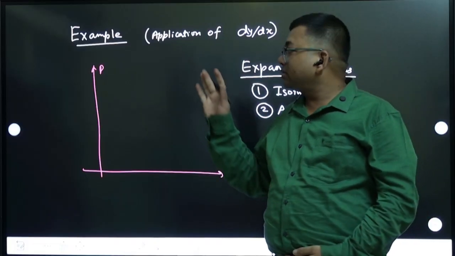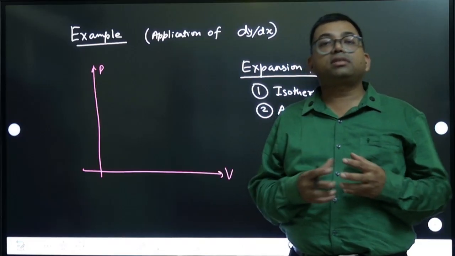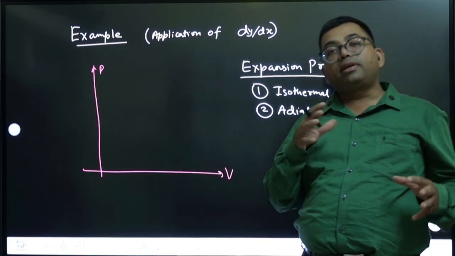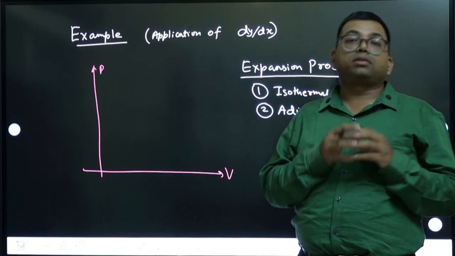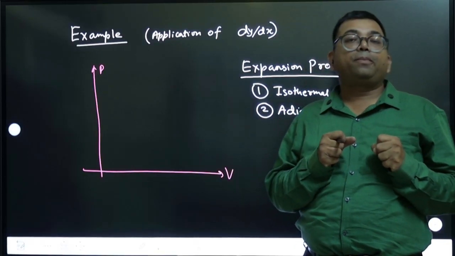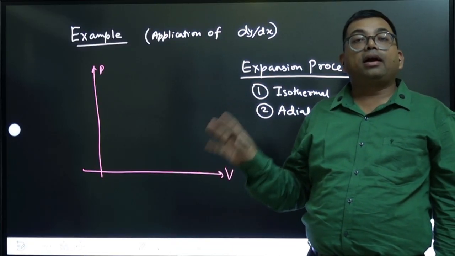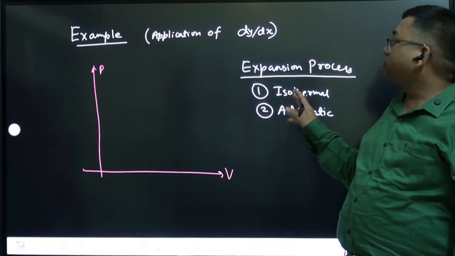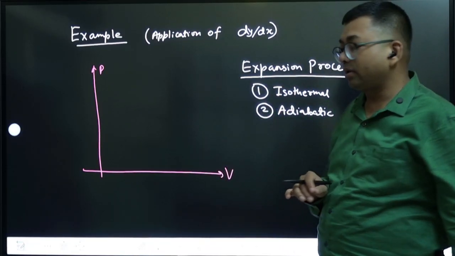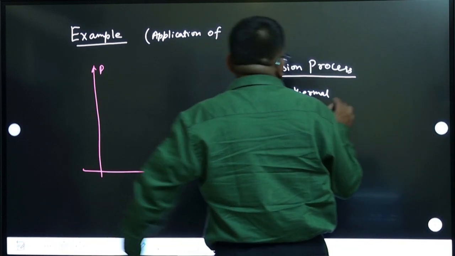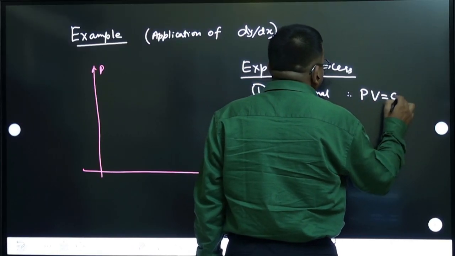Okay, so this is a graph, and any graph is a relation, right? Last class I discussed that a graph means it's a relation, but it's an important kind of relation which is called a function, a special type of relation. Now this is a pressure and volume graph, and I want to plot the graph for these two processes, isothermal and adiabatic, and I will give you the relationship. The isothermal process is P into V is constant.